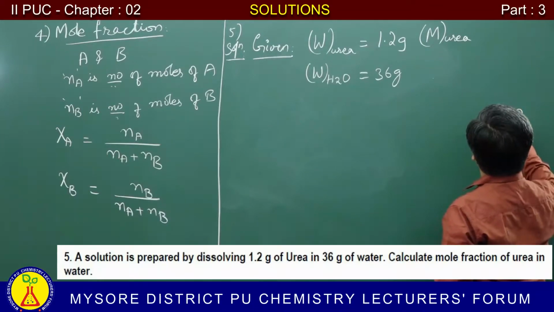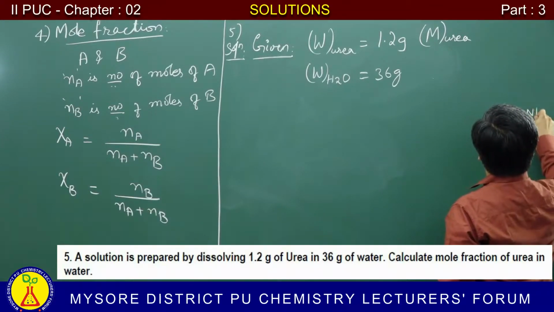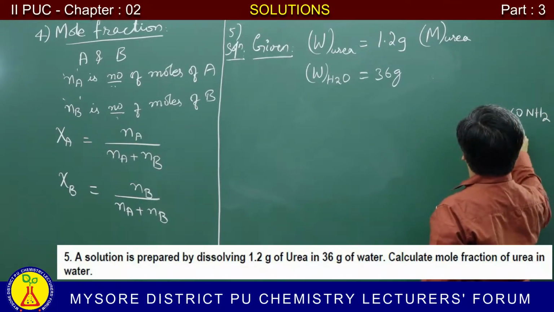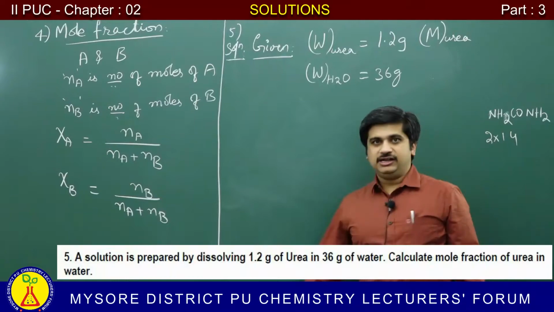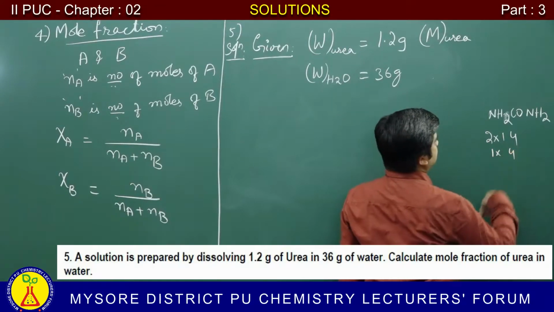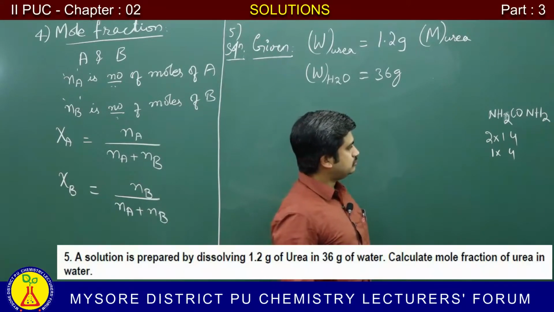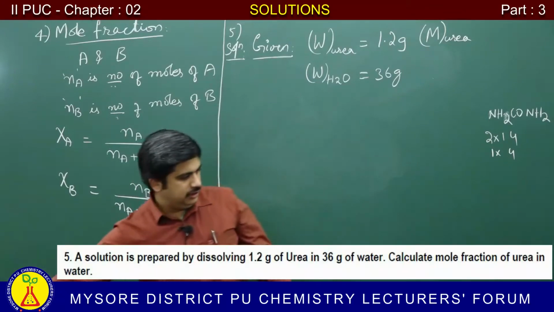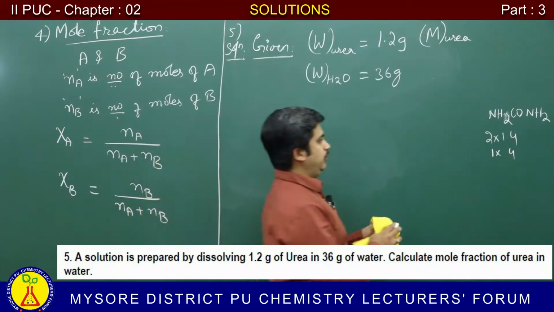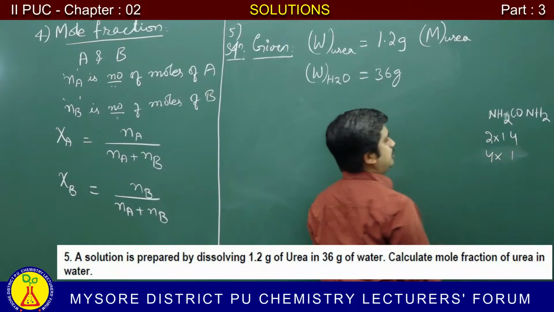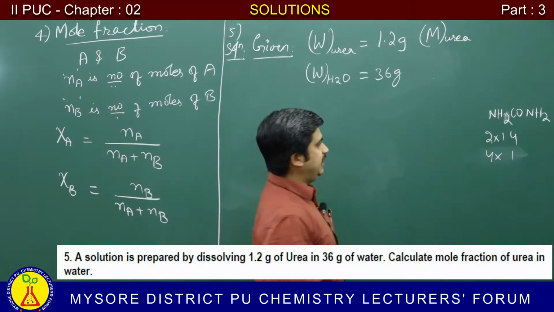NH2CONH2. So we have 2 nitrogen, 2 × 14, correct. Then we have 4 hydrogen atoms, 4 × 1, since the atomic mass of hydrogen is 1.